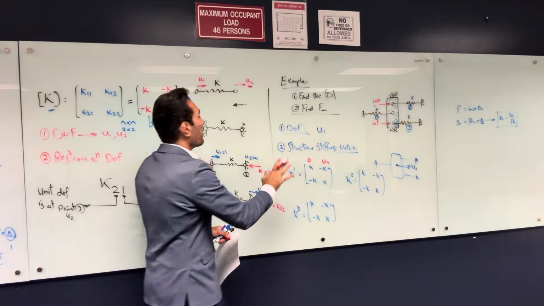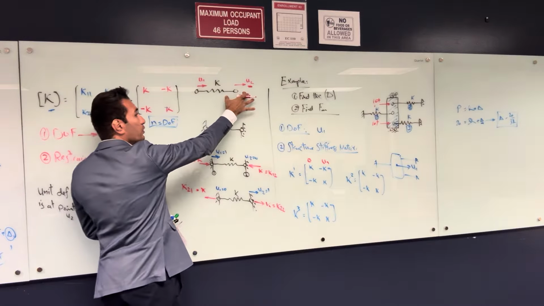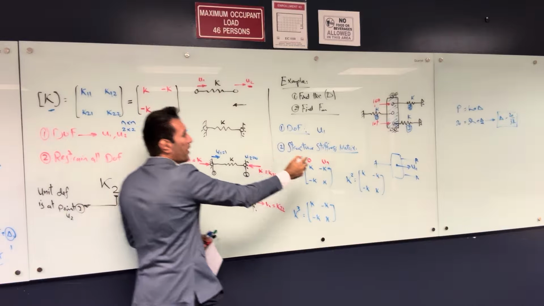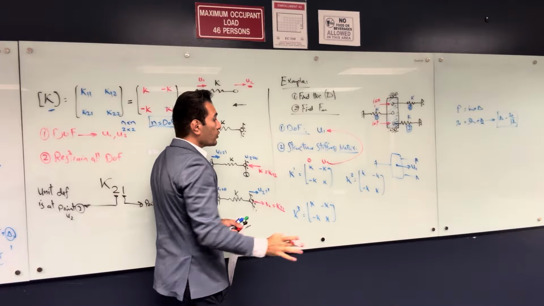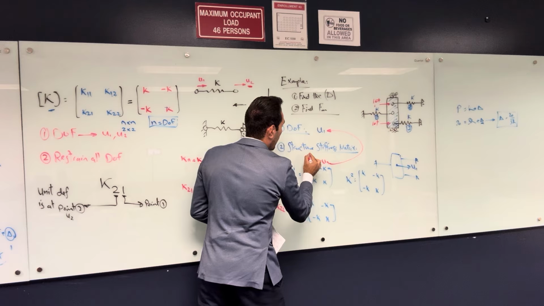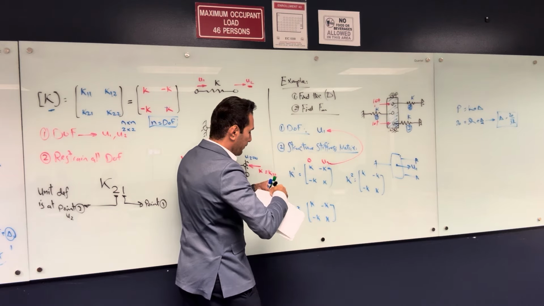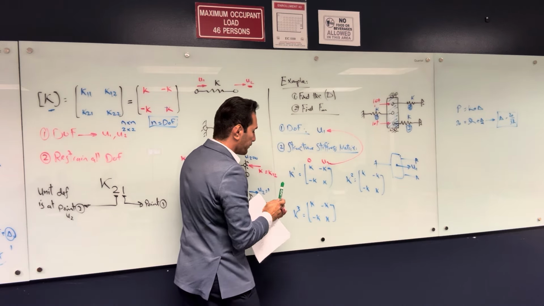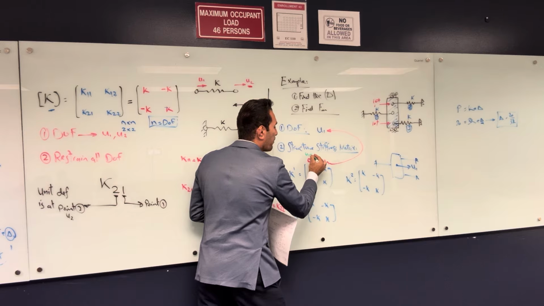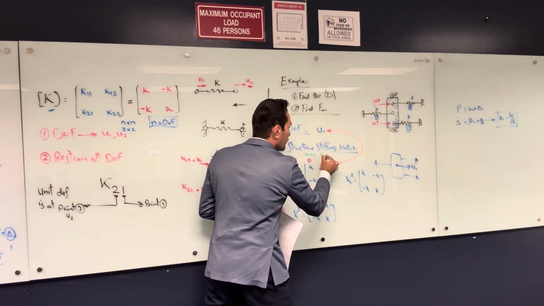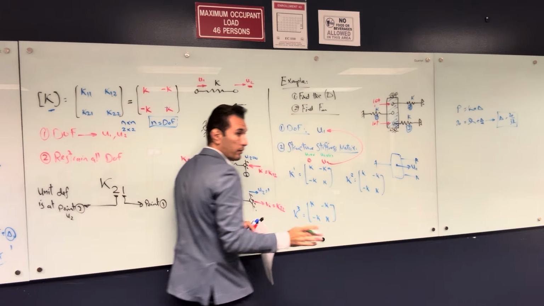Why did I do this? This U1 and U2 is for an element, but here U1 means my degree of freedom here. So U1 of the member is equal to 0, and U2 here is equal to U1, all right?